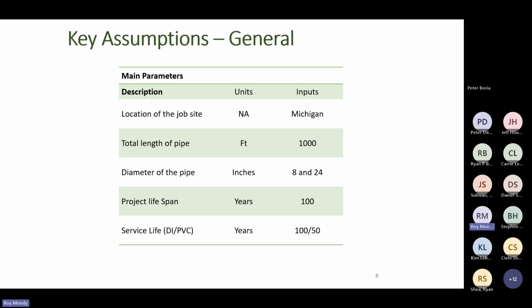And they also looked at a project lifespan of 100 years. I'm going to get into why they chose that particular number later in the presentation. Also, along that same line, which I will get into again in terms of how that was determined, they looked at the fact that the service life for ductile iron pipe was 100 years, and for PVC pipe was 50 years.